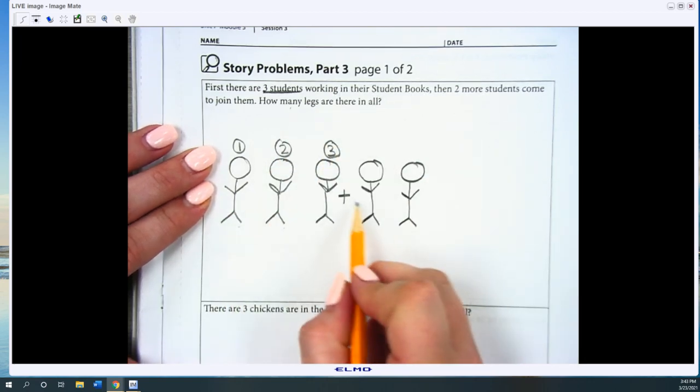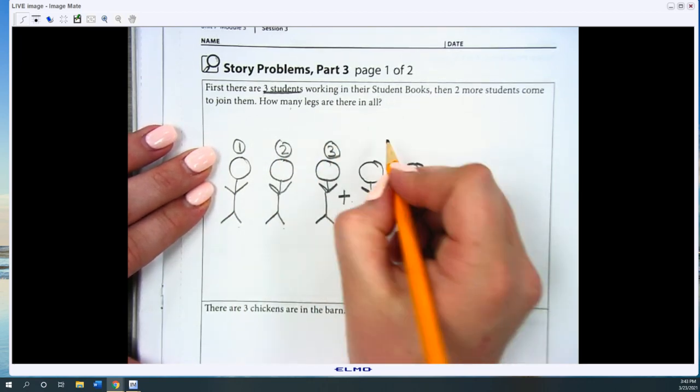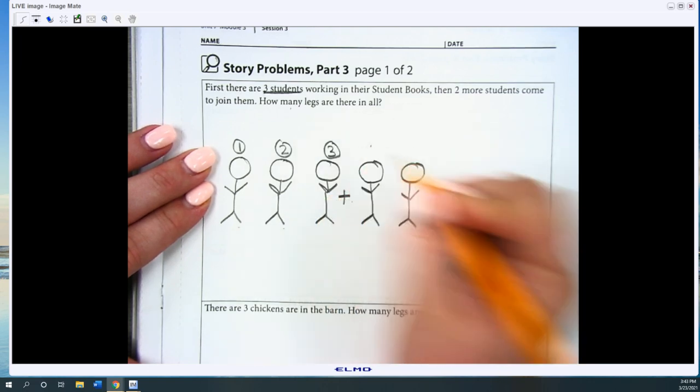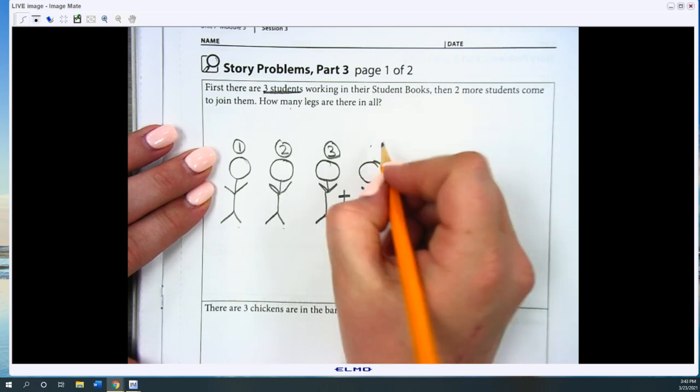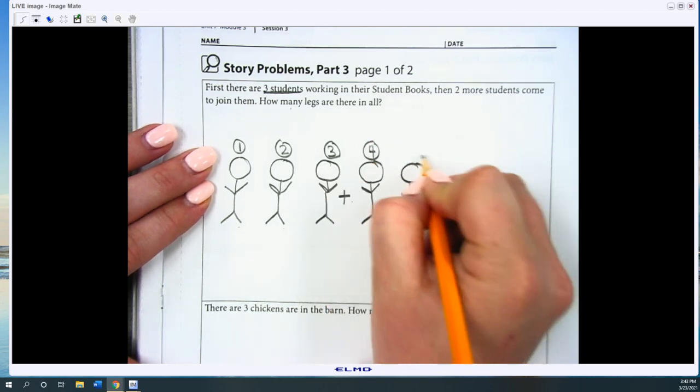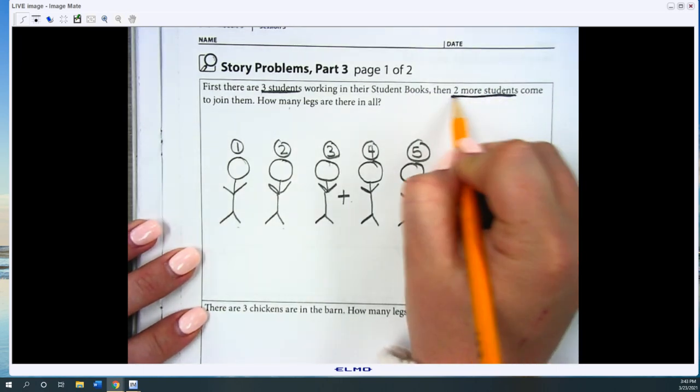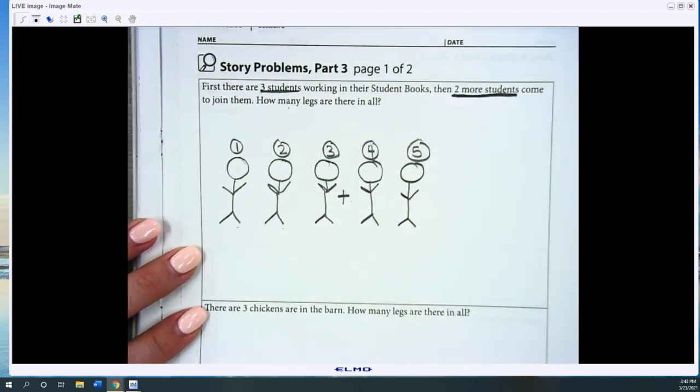And then it said that 2 more came to join us. So 3 plus 2 is 5. So I know that there are 5 students that are now working on their student books.